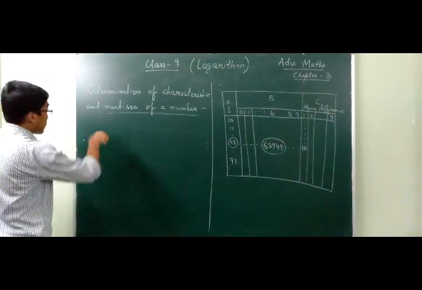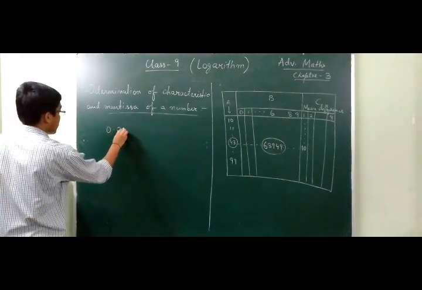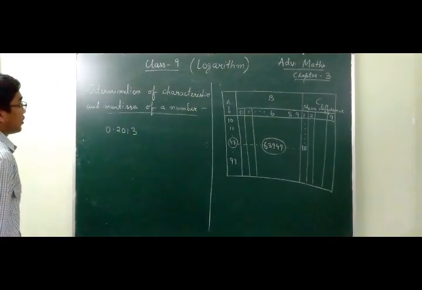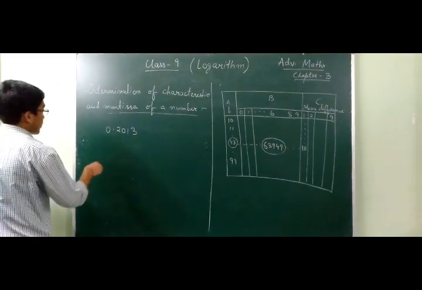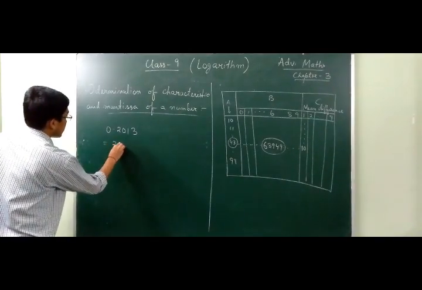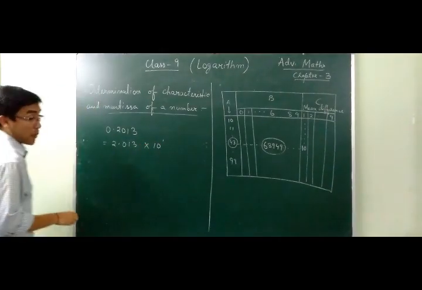So next, let us take one more number, say suppose 0.2013. I can write this number as 13 into 10 to the power 1.